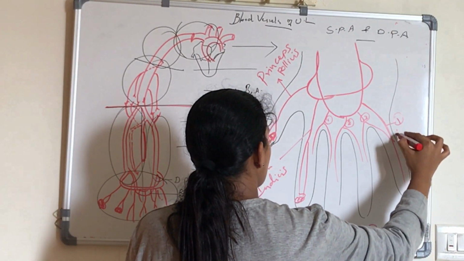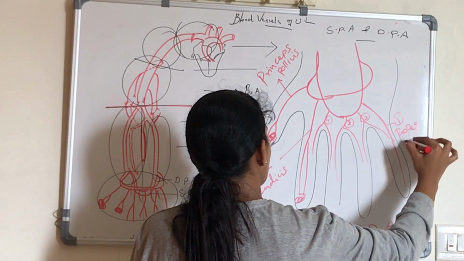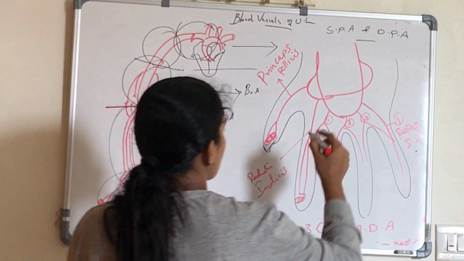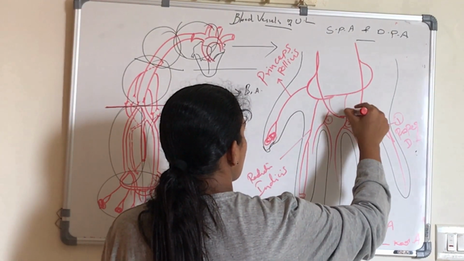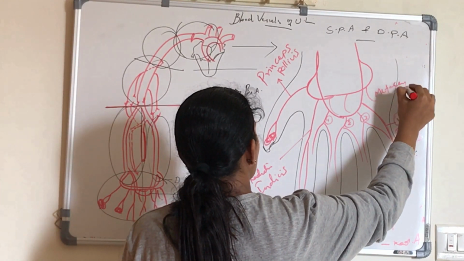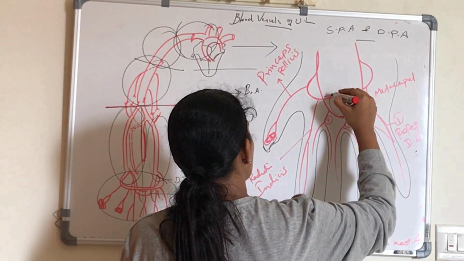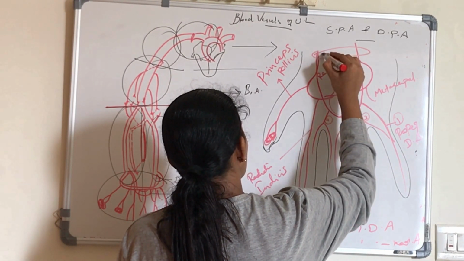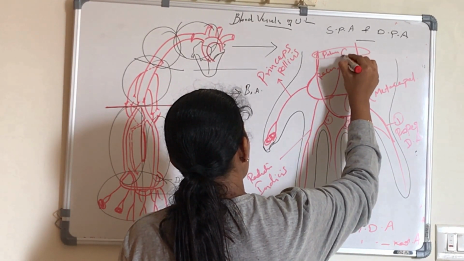This proper branch supplies the medial side of the little finger. The deep palmar arch gives branches called metacarpal arteries. It gives a recurrent branch to the palmar carpal arches.